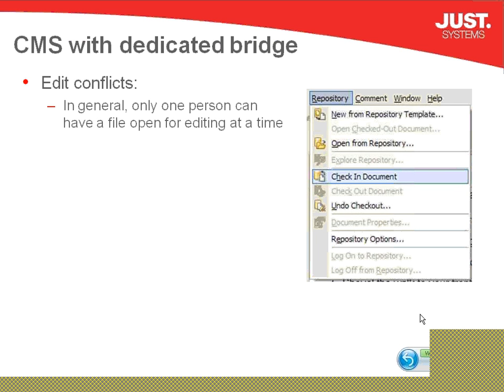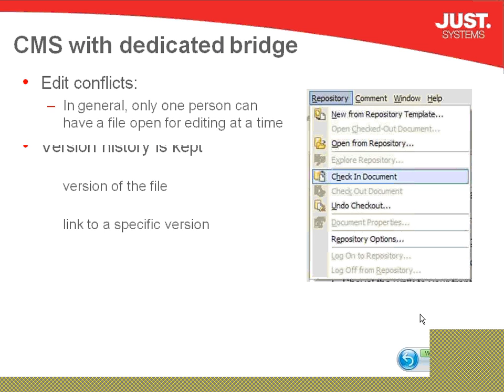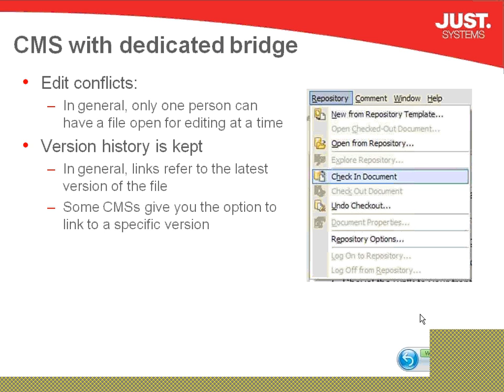In general, if someone else has a file open, XMetal would tell you that someone else has this file open, and ask whether you want to open it view only instead, so that you don't waste your time making updates to a file that someone else is already working on.